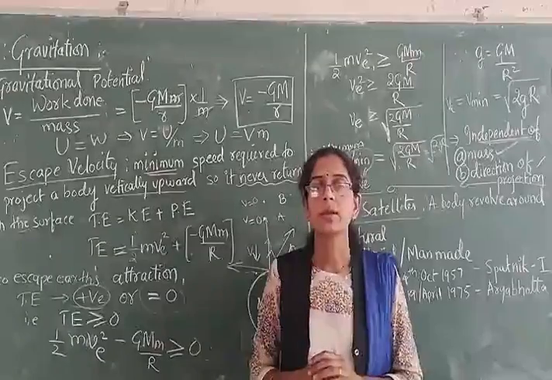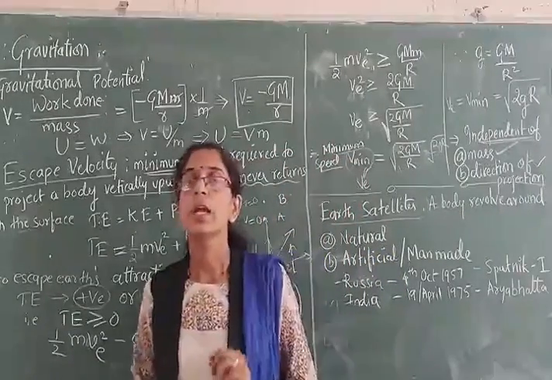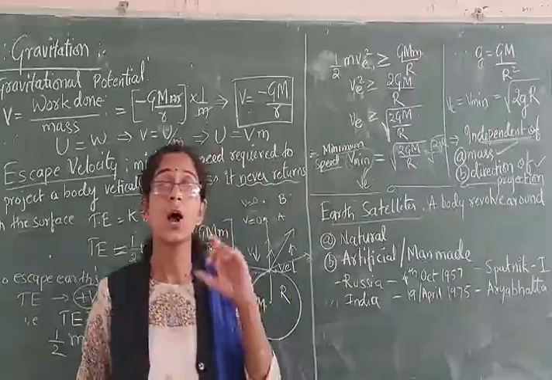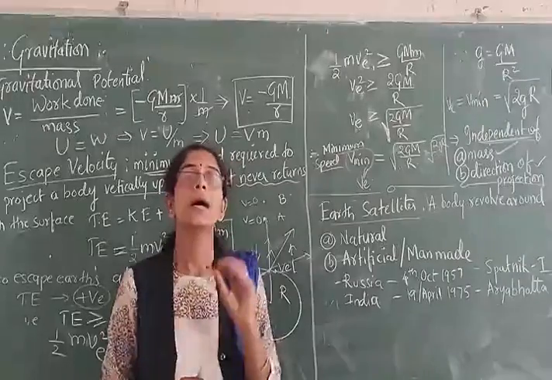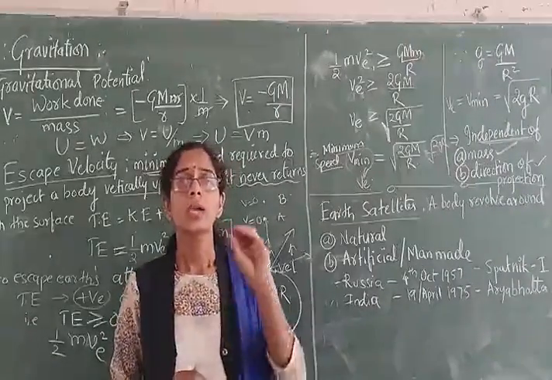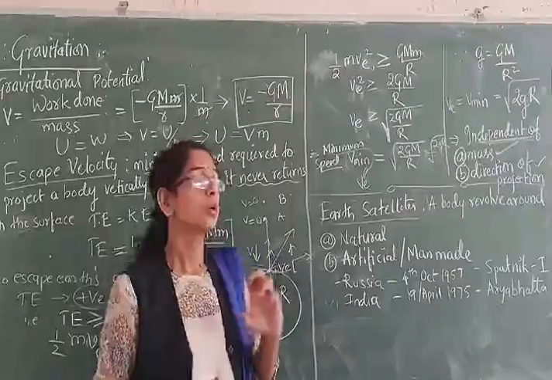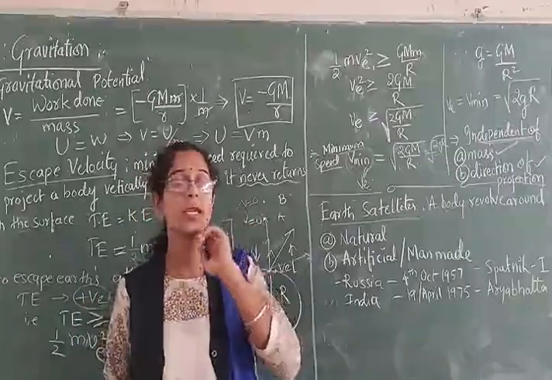Then one more factor is why the moon doesn't have any atmosphere. It is basically due to its radius or its actual size. The mass of the moon and the radius of the moon are very small. Therefore the escape velocity in that case is found to be 2.3 km per second.